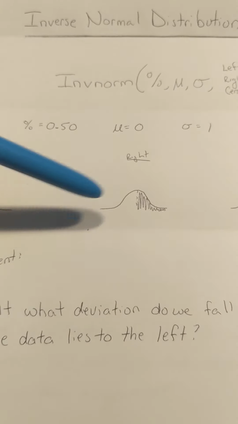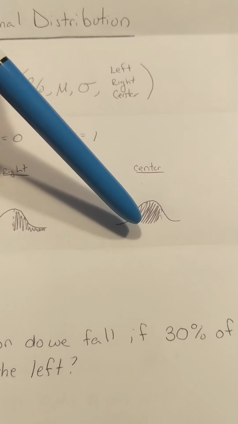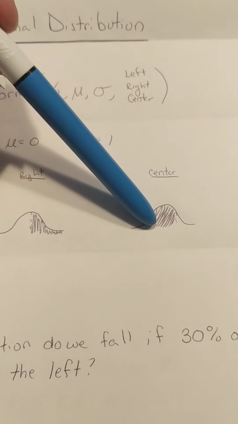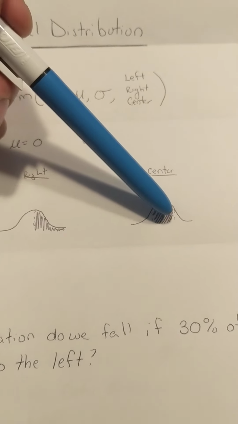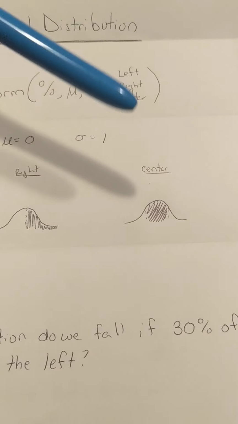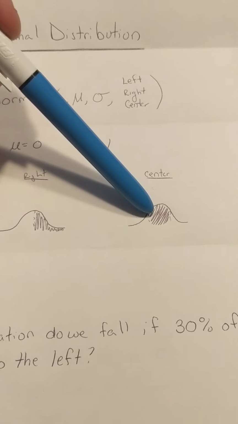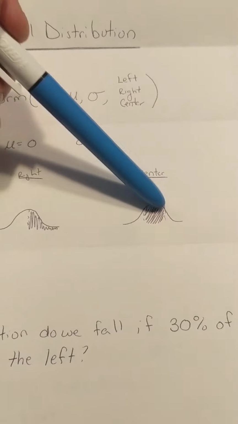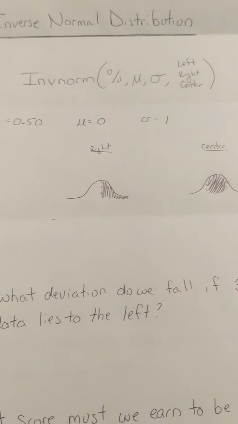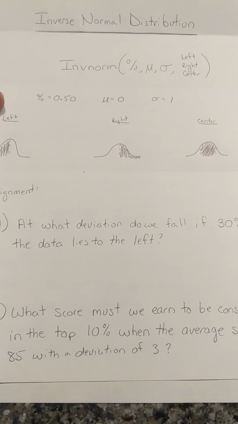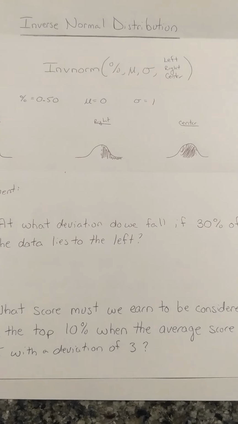And this value and this value would be the deviations away from the mean, and they would be equal distance away. So if this deviation was, we'll say, -1, then this one would be +1. Now that's obviously not the answer because that would be 68% of the data, so we're probably looking at maybe -0.87 and +0.87.